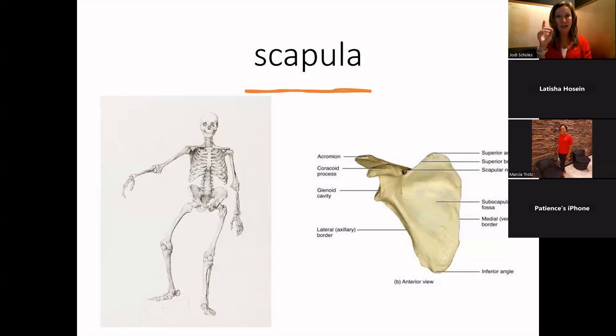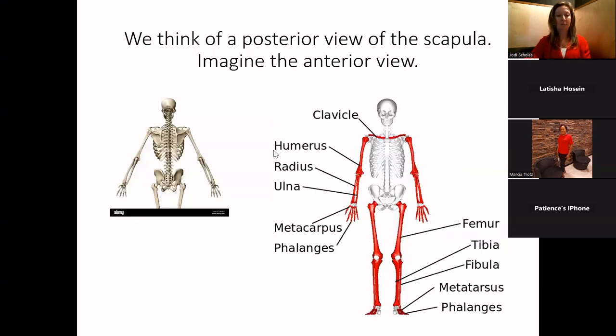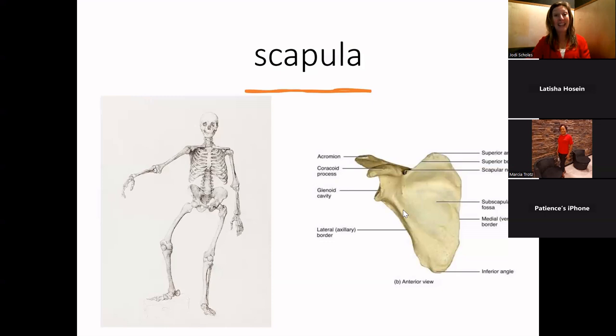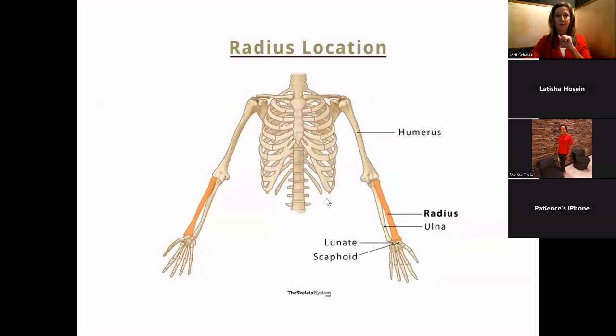So just be careful. This angle here is the posterior view of the scapula. This is the anterior view. If you've got questions about that, just hit me up after class and we can go over it again, because it can be a little fuzzy. But I wanted to point out those two views.